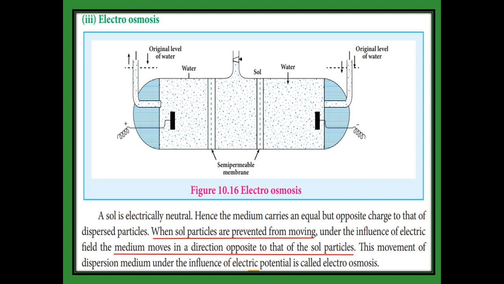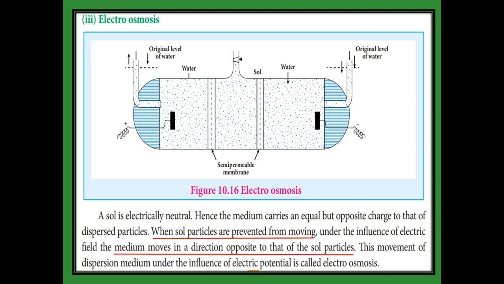Now in electroosmosis the sol particles are prevented from moving, which means they never move under the electric field. Then the sol particle is not moving, so which one will move? The dispersion medium, which is the large proportion of the colloid. So the dispersion medium moves under the influence of the electric field, and that is called electroosmosis.